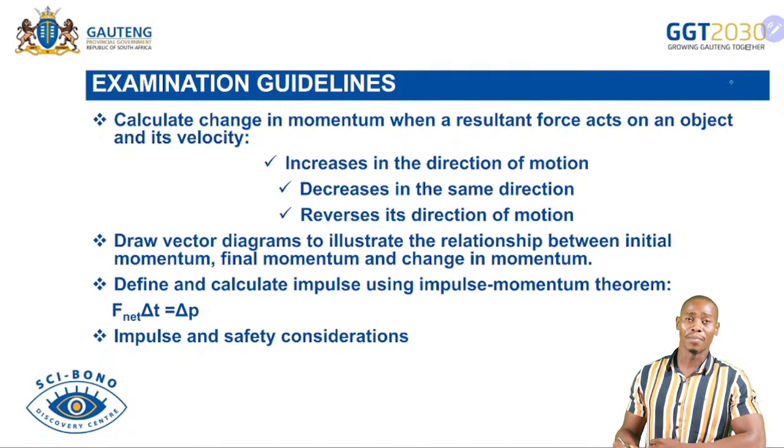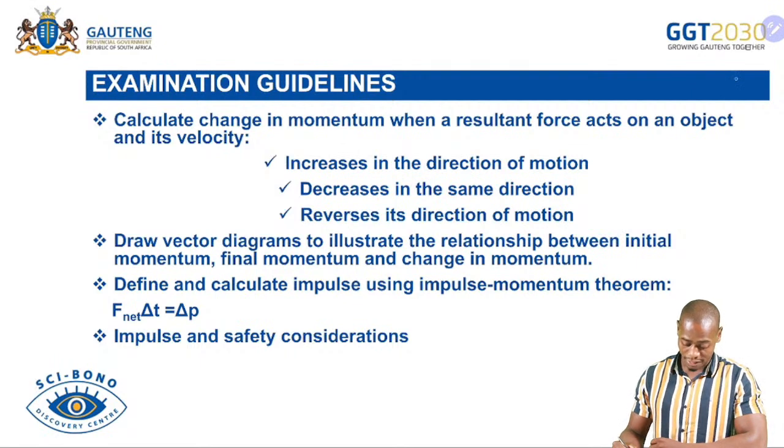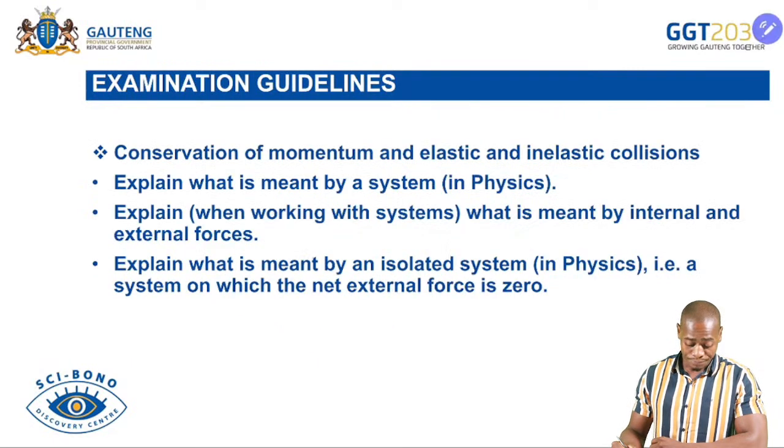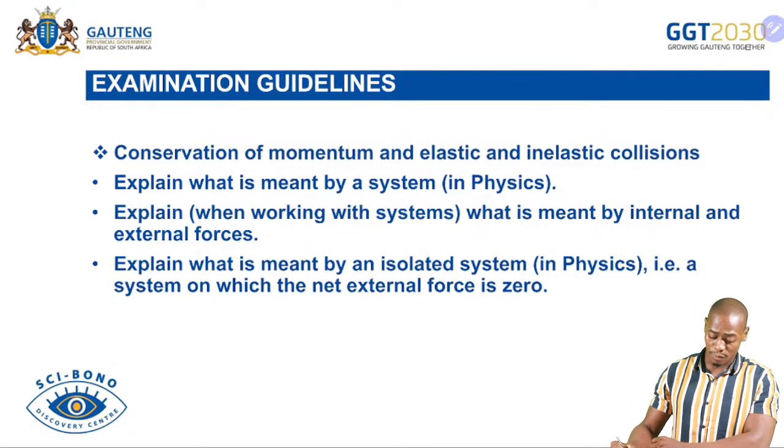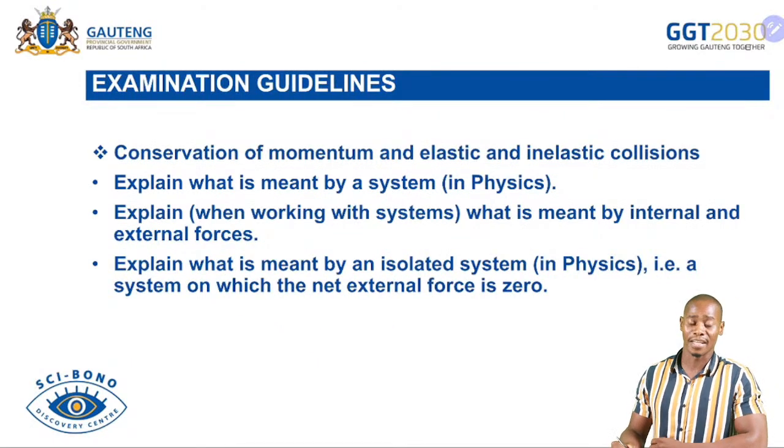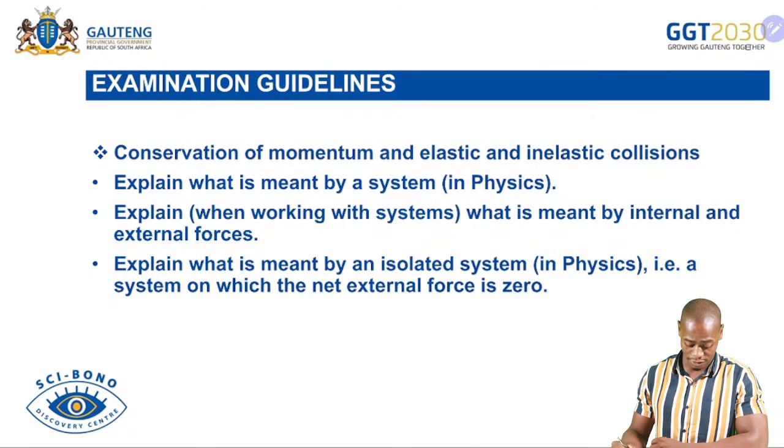And then impulse and safety consideration, where we are supposed to use the equation F net equals change in momentum over change in time to explain the importance of safety features such as seat belts, airbags, and crumple zones. Again, conservation of momentum, elastic and inelastic collisions: explain what is meant by a system, what is meant by internal and external forces, and what is meant by an isolated system.